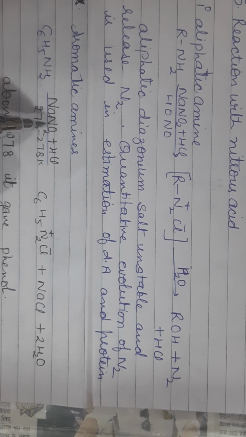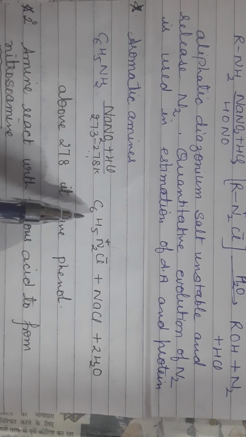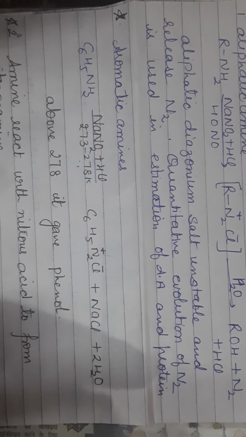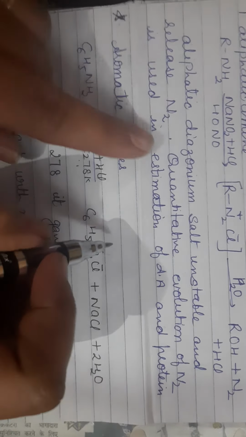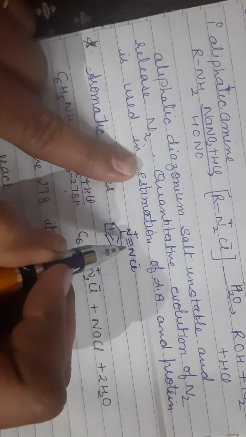But aromatic primary amines react with sodium nitrite in the presence of HCl at 273 to 278 Kelvin, means approximately 0 to 5 degrees Celsius temperature. They give diazonium salt, which is stable. Why is it stable? Because it is stabilized by resonance. See here, resonance will take place.